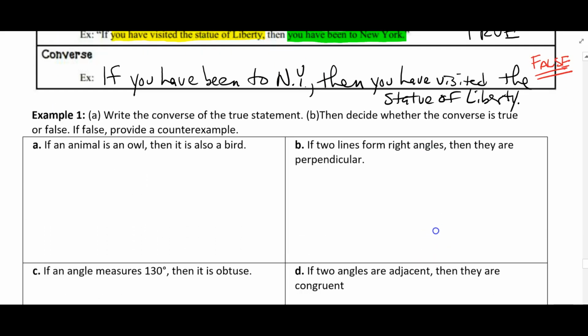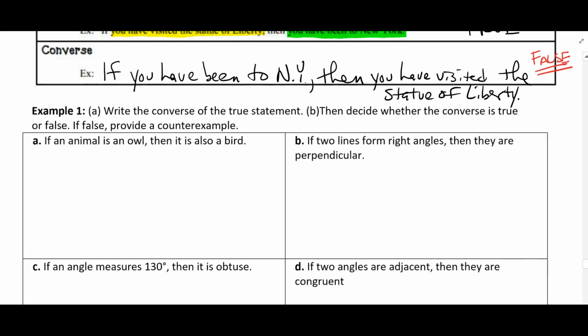Let's take a look at one of these examples. We want to write the converse of the true statement, so they're telling us that the original statement is true. Then decide whether the converse is true or false. If false, provide a counterexample. Remember, a counterexample is just an example of why it would be false. So, if an animal is an owl, then it is also a bird.